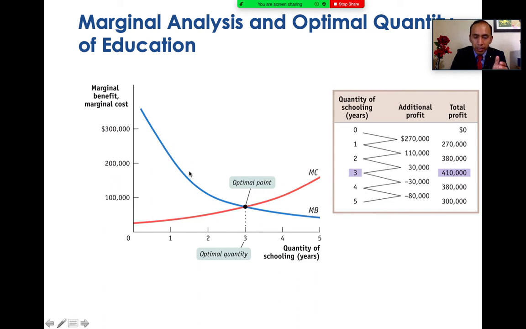When marginal benefit is greater than the marginal cost, you have an optimal quantity and an optimal condition, which means here 3 years for a 2-year degree, for example, the traditional 2-year technical or college degree, should be extended in this case to 3. At that point, you have an optimal condition.